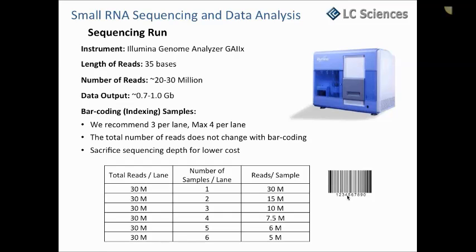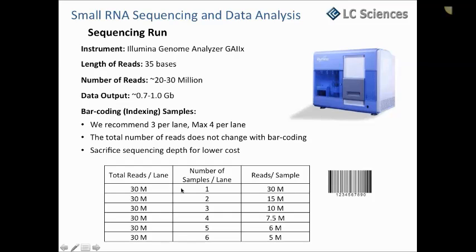And then it's pretty much up to you how many samples you will put on one lane. The number of reads per lane stays constant. So if you use one sample on this lane, you will get very deep sequencing data, 30 million reads for this sample, which will certainly allow you to detect even very low abundant microRNA. For discovery purposes, we would certainly recommend that.